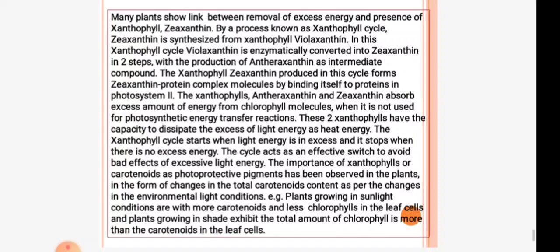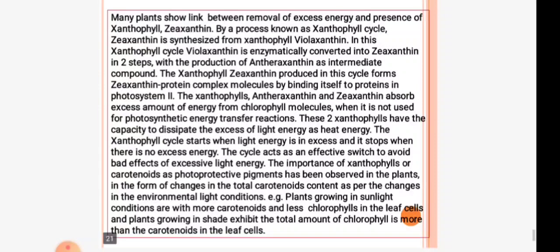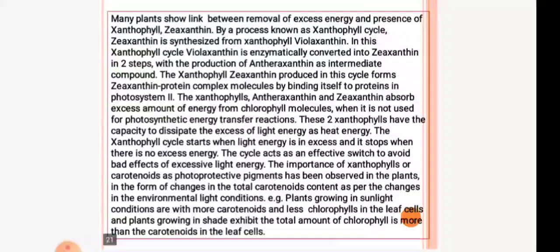For example, plants growing in sunlight conditions have more carotenoids and less chlorophyll in the leaf cells, and plants growing in shade exhibit a total amount of chlorophyll which is more than carotenoids in the leaf cells. So in shade plants, leaves consist of more chlorophyll, and in sunlight conditions more carotenoids and less chlorophyll are present in the leaf cells.